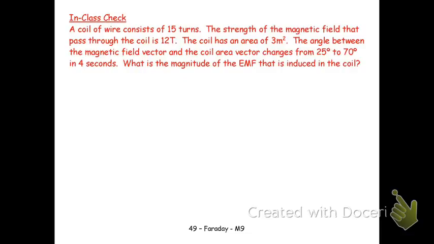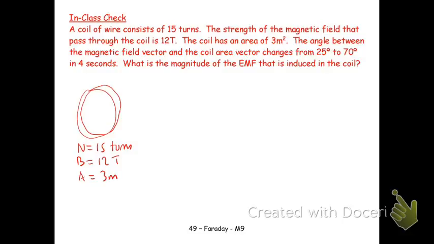Third one. A coil of wire consists of 15 turns. This is N equals 15 turns. The strength of magnetic field that passes through the coil is 12 Tesla. The area equals 3 square meters.